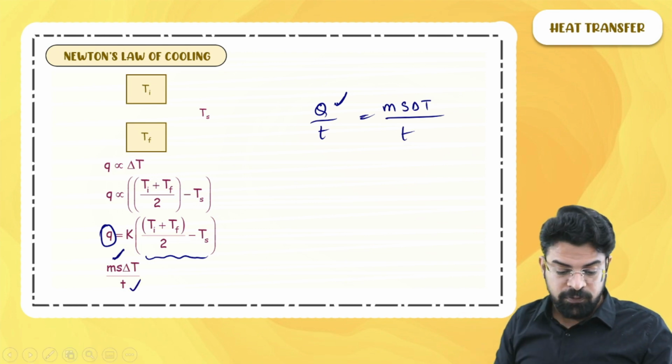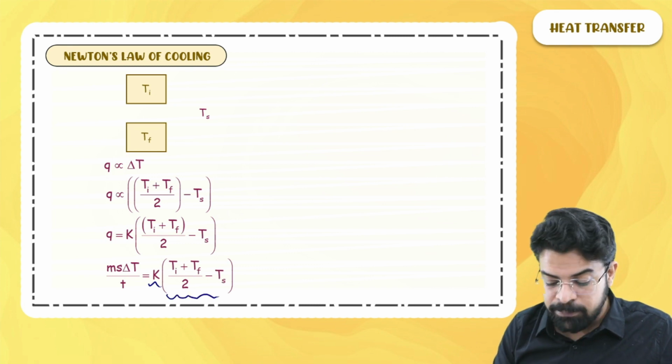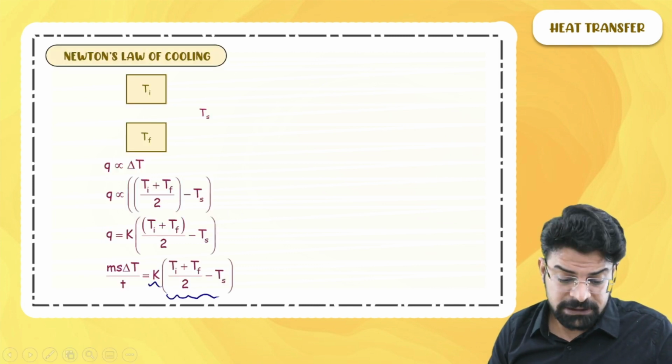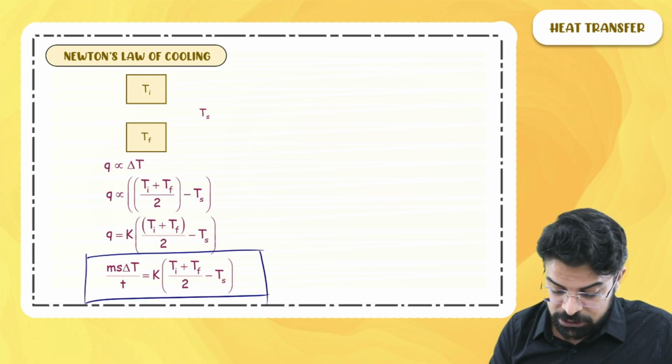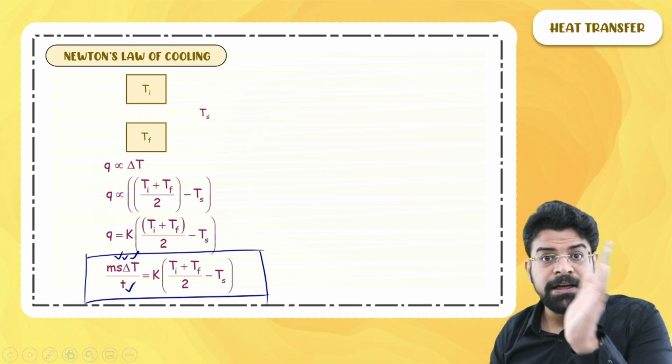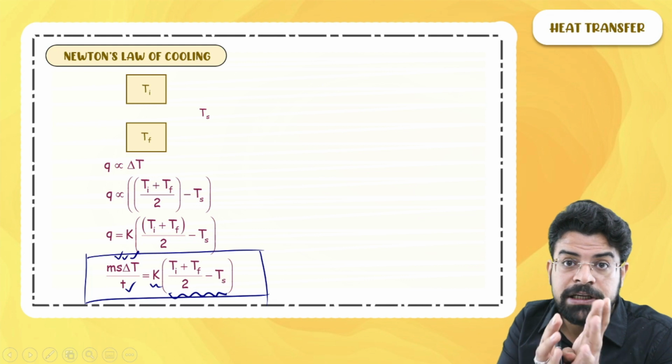The rate of heat flow equals some proportionality constant times the average temperature difference, and this is something I am going to use to solve all the questions. So m s delta T upon the time taken for that heat transfer equals K times the average temperature difference between the body and the surrounding.